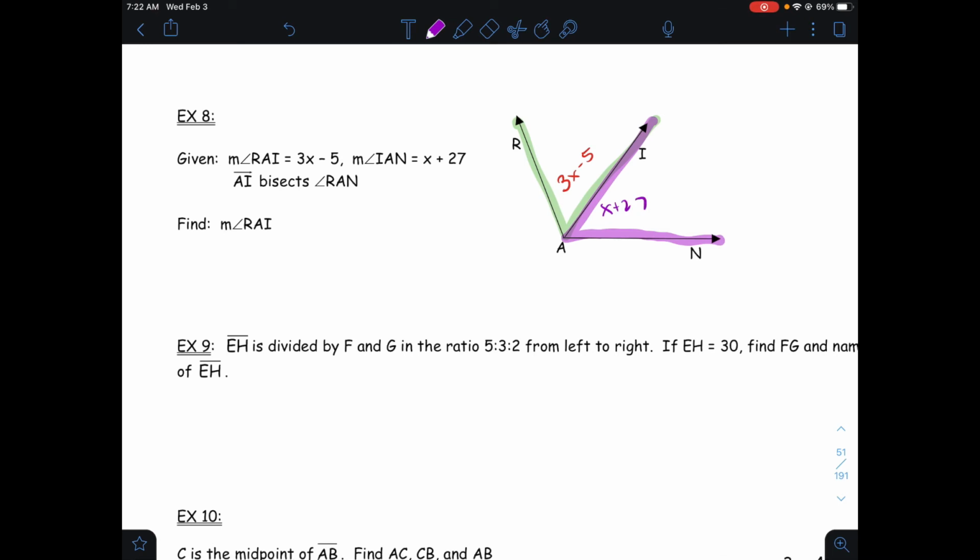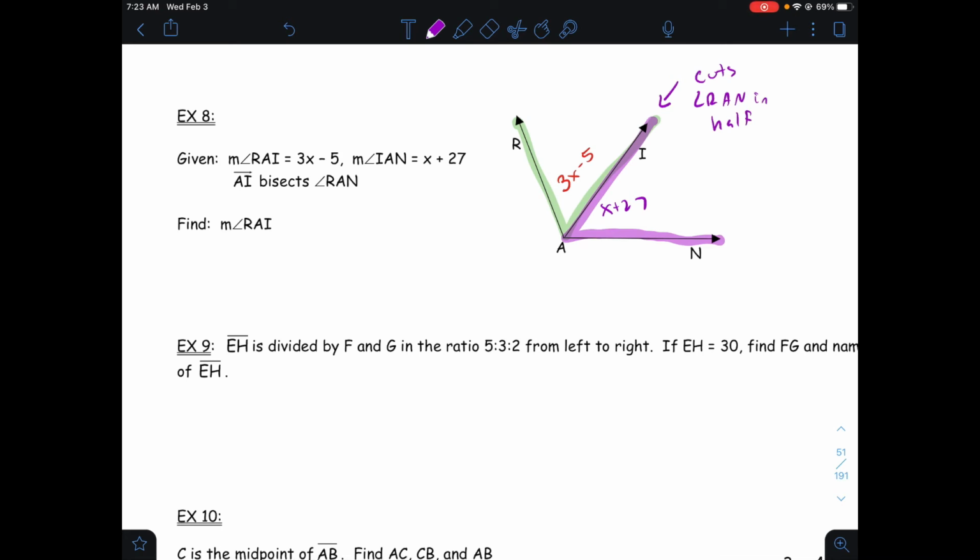And that AI bisects RAN. So it's saying that this cuts angle RAN in half. All right, they want us to find RAI.